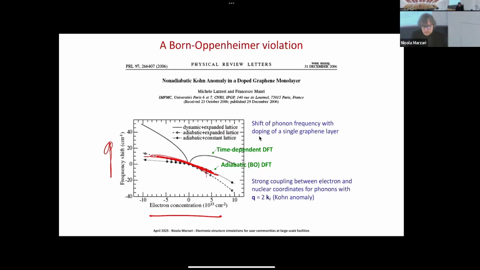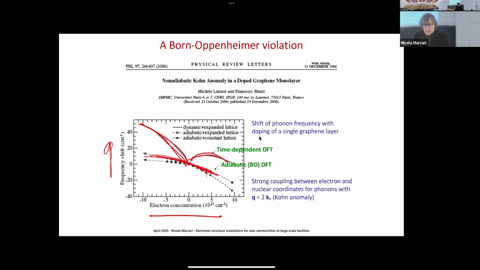So the true change in frequency needs to take into account the fact that the electrons don't follow instantaneously the nuclei. This is very important if you're trying to understand your level of doping in your nano device with Raman scattering. You need to understand how things change.